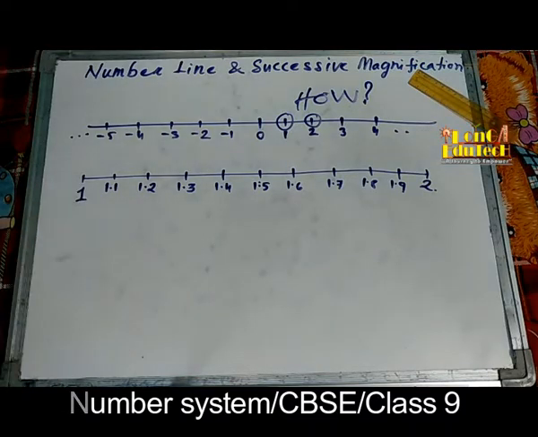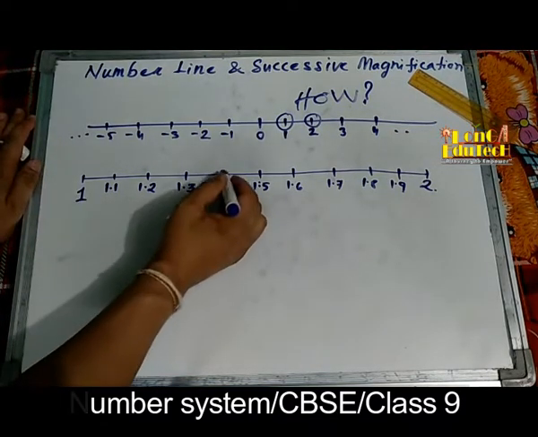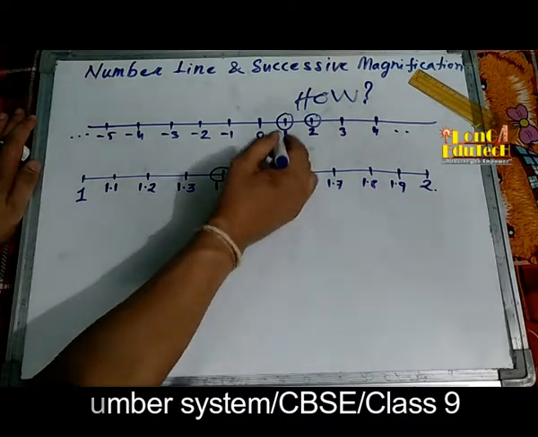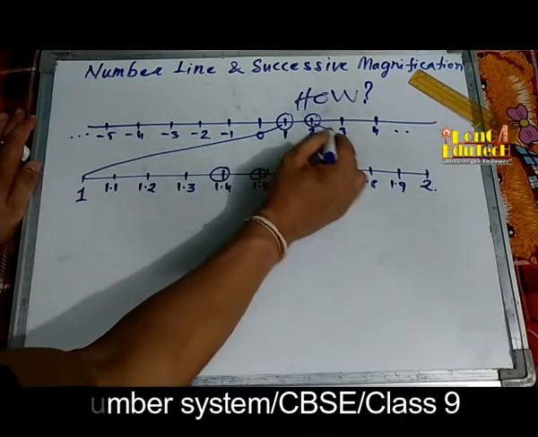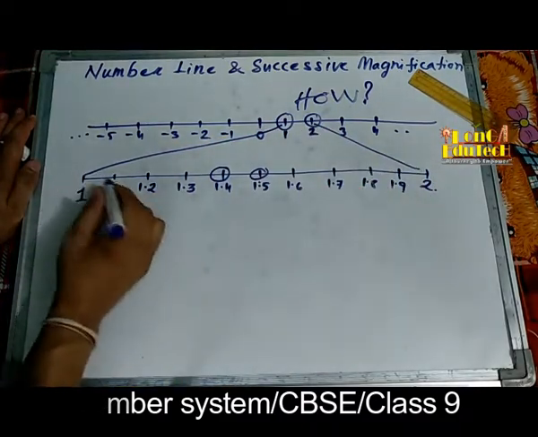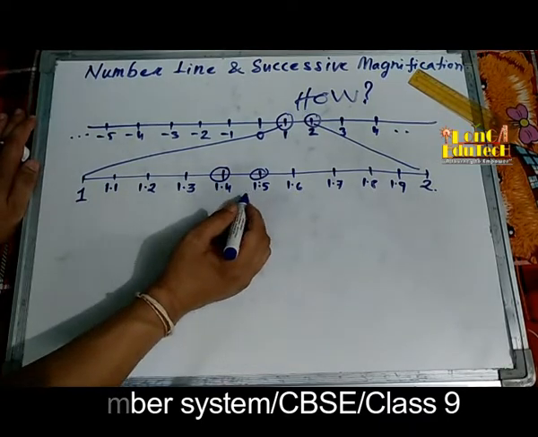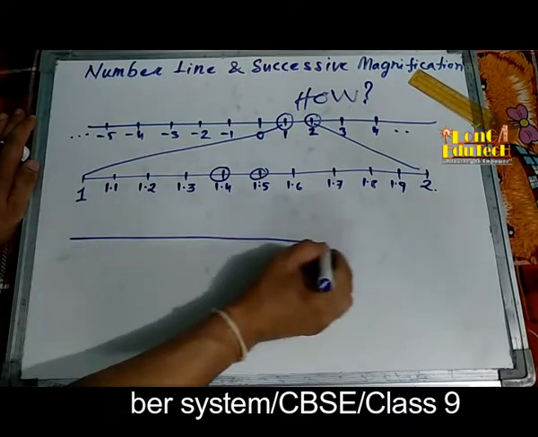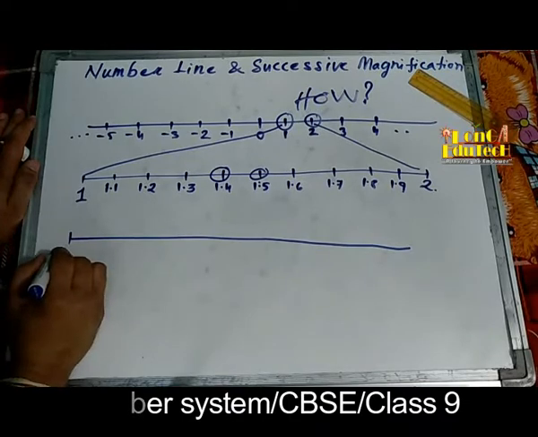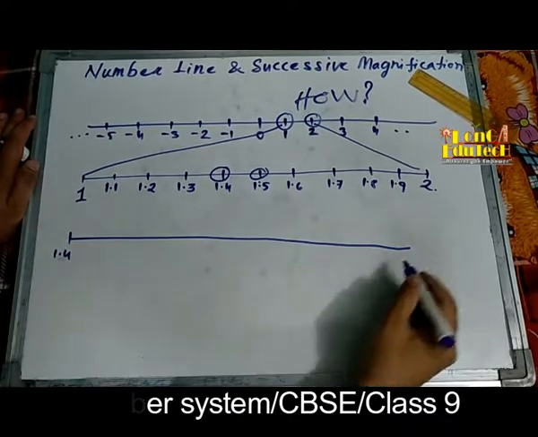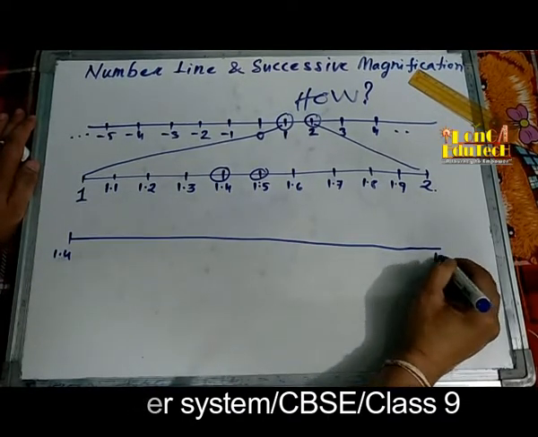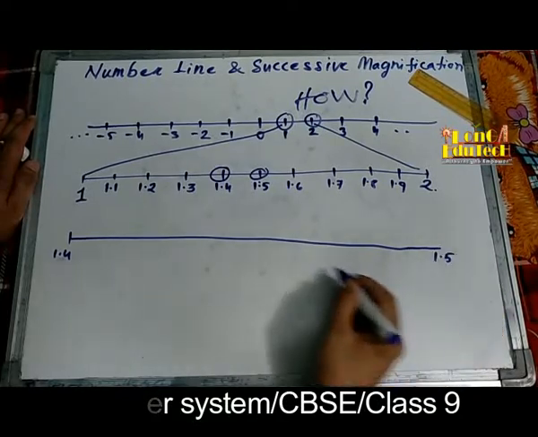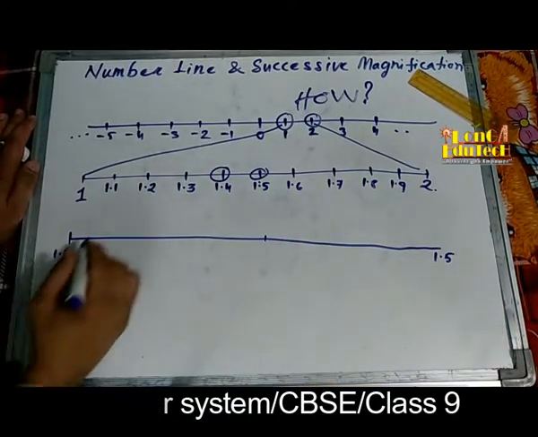Now pick up any two numbers in between. I will pick 1.4 and 1.5. How many numbers are in between these? This is 1.4 and this is 1.5.